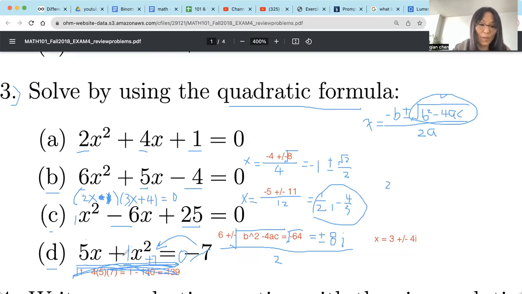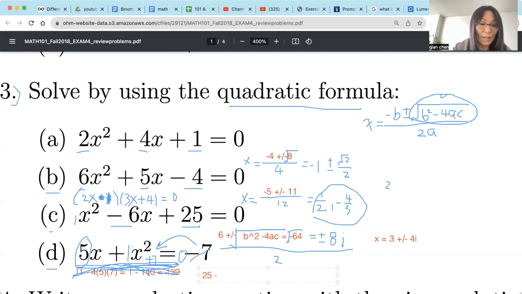A is the number before x squared, b is the number before x, and c is the constant. So let's recalculate.